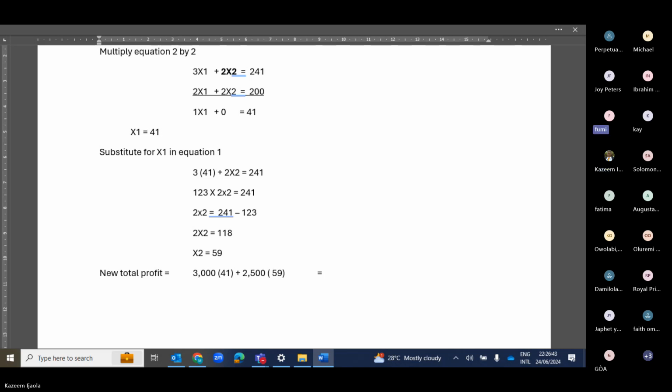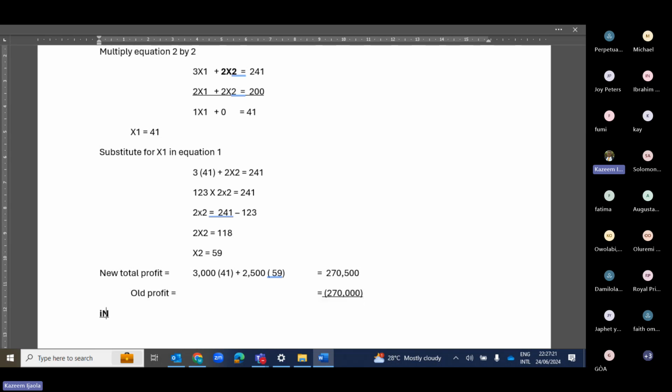What's the total? That should be 270,500. Your old profit is 270,000. So that means if you increase your assembly by 1 hour, your profit will increase by 500.